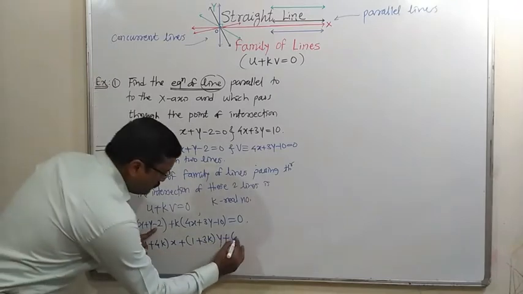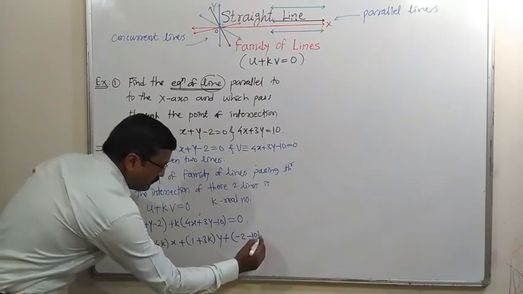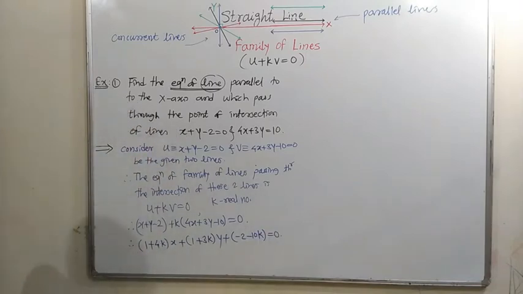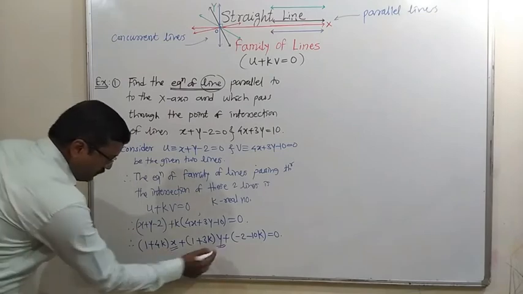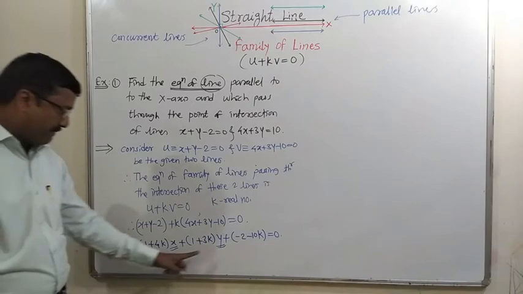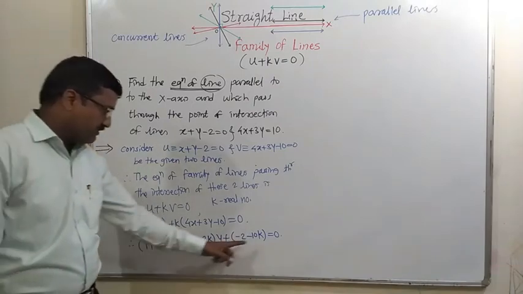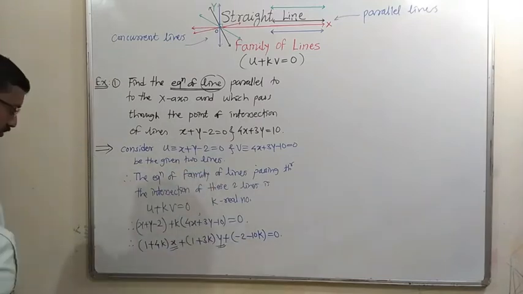So minus 2, here is minus 10k equal to 0. So this is the equation of line in general form, which contains x term, y term, and constant. This is the coefficient of x, here is the coefficient of y, and this is constant. These coefficients of x, y, and constant are in terms of k, because k is unknown here.